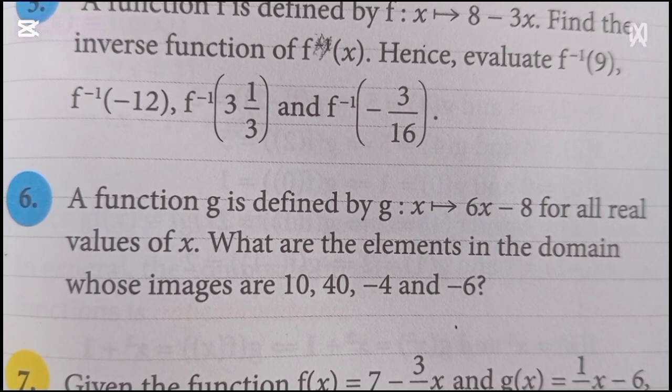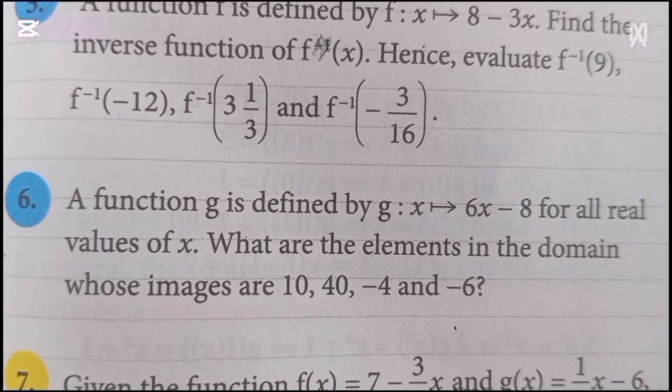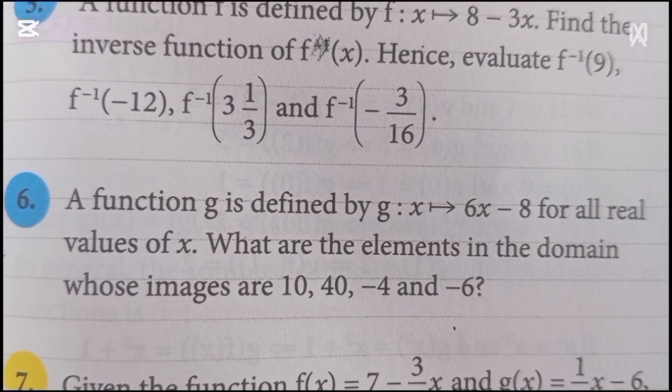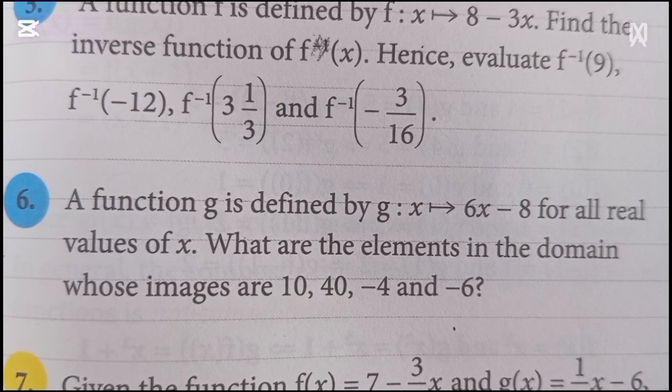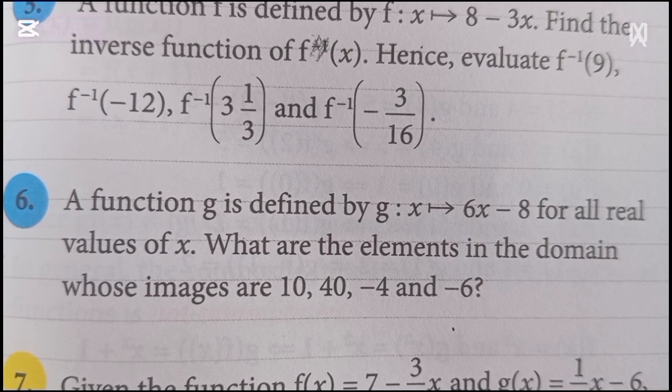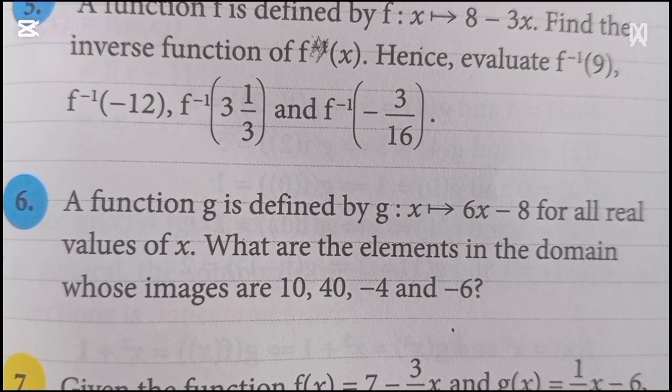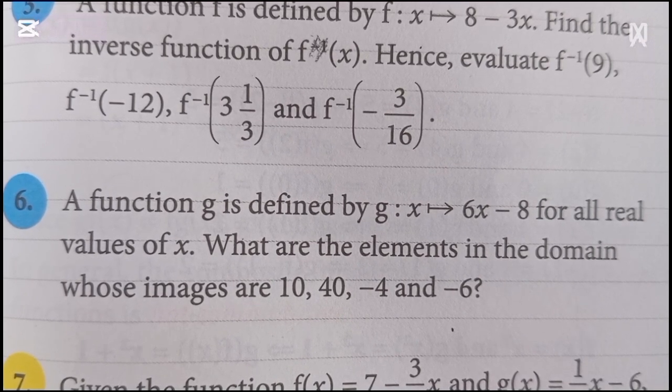This is to be solved in the same way as the previous question. First we'll find the inverse of the function, then we find the values. How? g inverse at 10, g inverse at 40, g inverse at minus 4 and g inverse at minus 6, right?